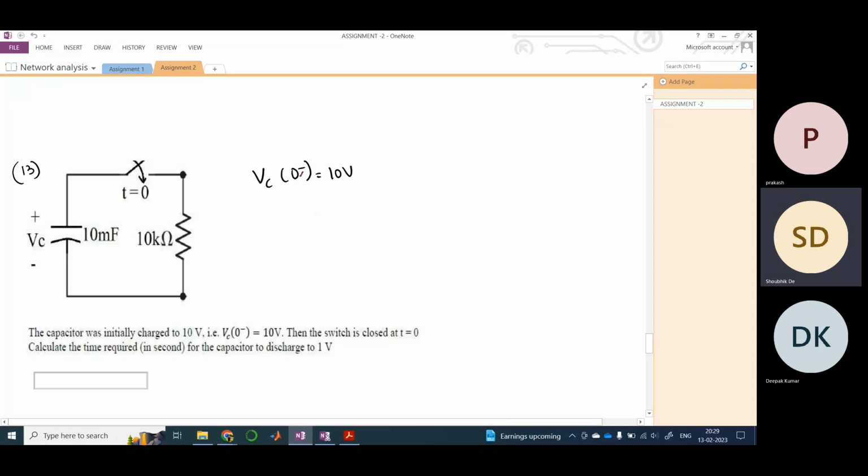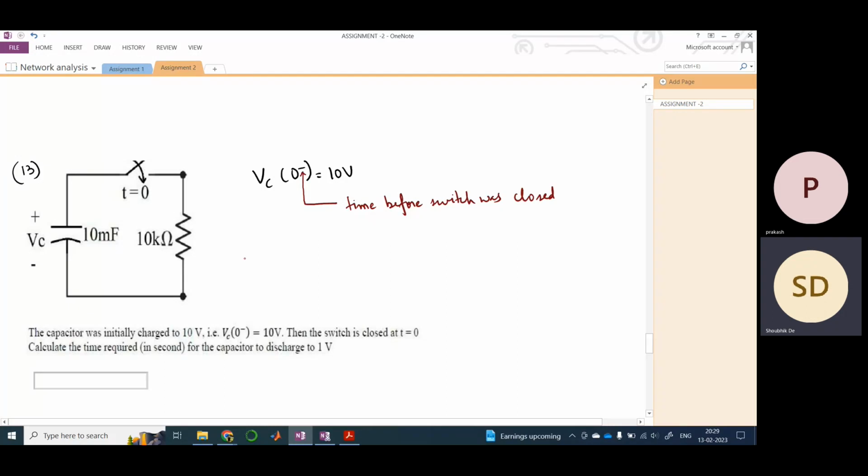This minus sign represents the time before the switch was closed. So Vc0 minus basically means at t equals 0, just before the switch was closed.